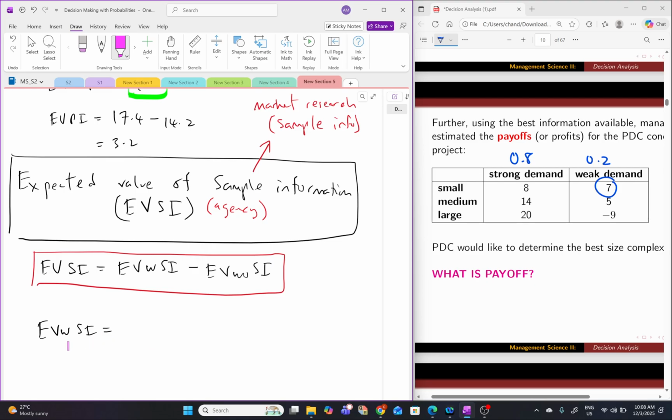Ini pun kita dah kira. EV with SI ni kita dah kira. Kali dulu.